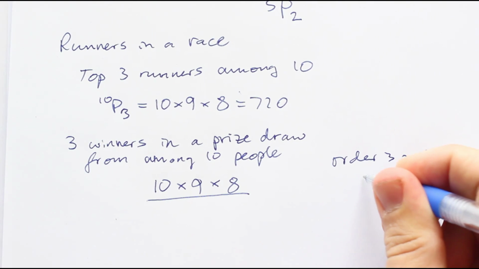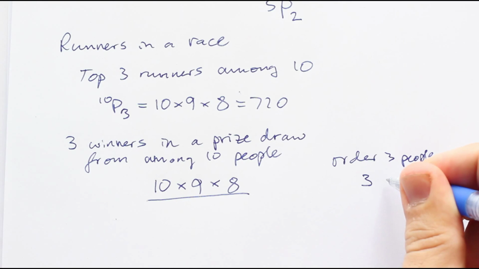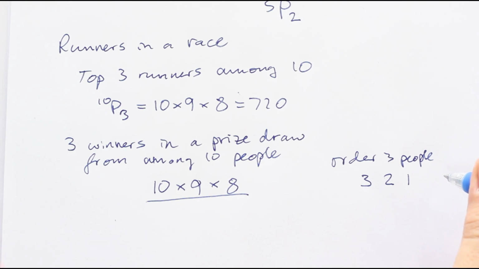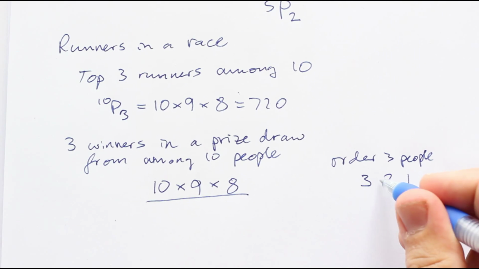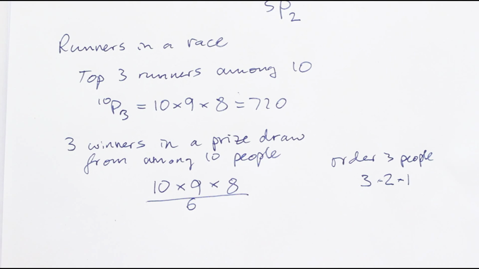You have 3 choices to slot a person into number 1. Then 2 choices for the second one when you're ordering them. And then 1 choice, really no choice in the real world, but in maths we would say 1 choice. So 3 times 2 times 1. So there are 6 ways of ordering that.